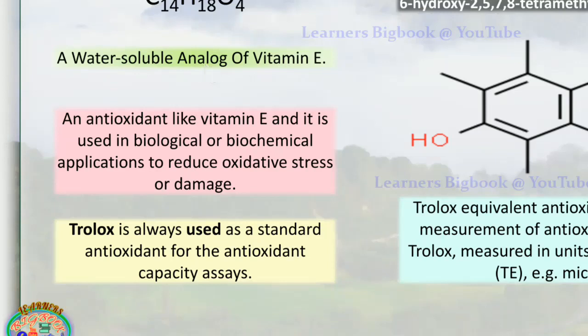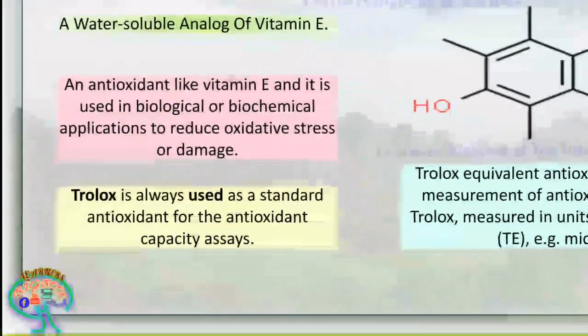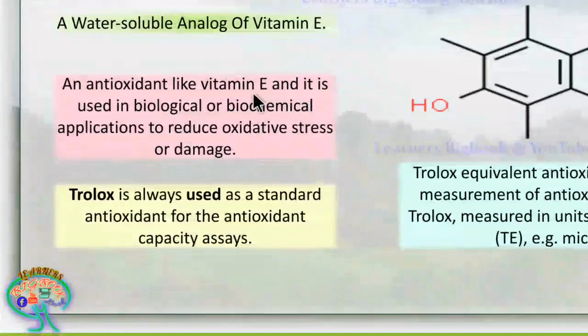It is a water soluble analog of vitamin E and an antioxidant like vitamin E, and it is used in biological or biochemical applications to reduce oxidative stress or damage. Here it is mainly used in biological experiments to suppress the oxidative stress and damage within the biological or biochemical applications.